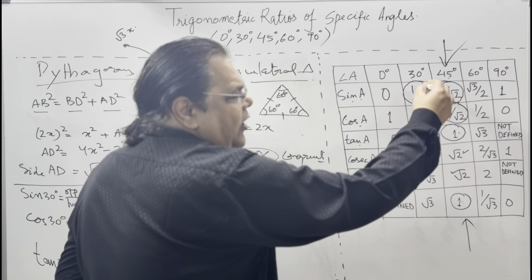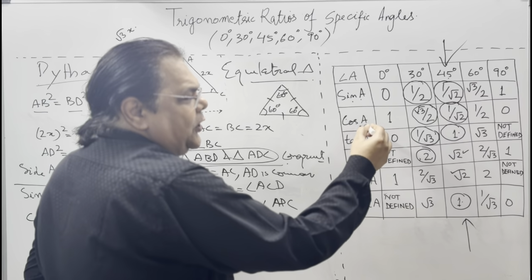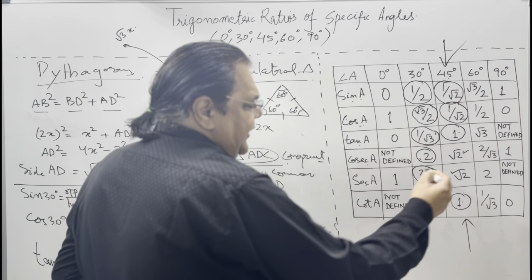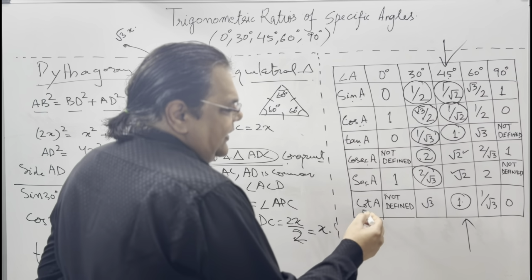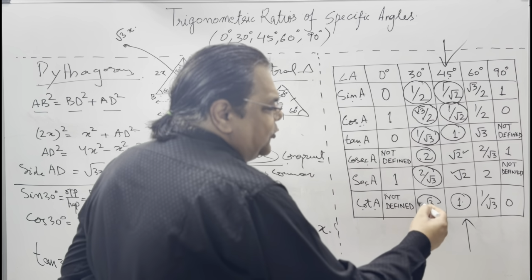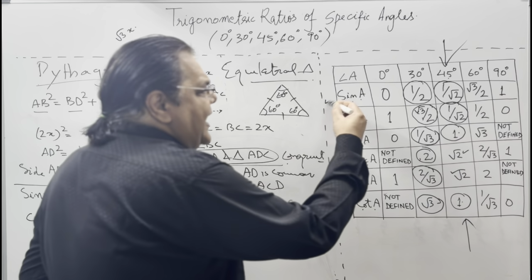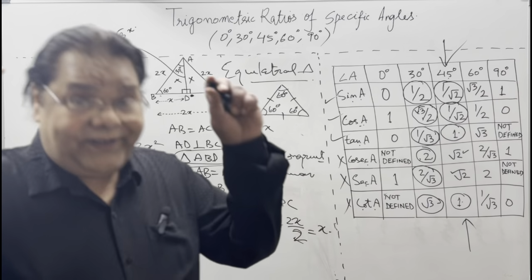A reciprocal of 1 by 2 is 2. Sec 30, reciprocal of cos 30, is 2 by root 3. Reciprocal of tan 30 is cot 30, which is equal to root 3. So you can see, if you understand these three, this is not important to mug up.